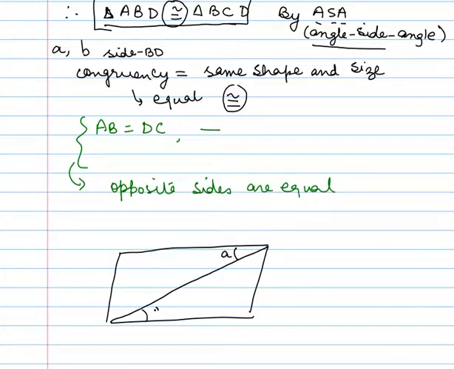Let's say this is angle A, and similarly B's are equal. These are alternate angles, right? These are alternate angles. Again, we draw another diagonal, because we have to prove diagonals bisect each other, so we are drawing both the diagonals.